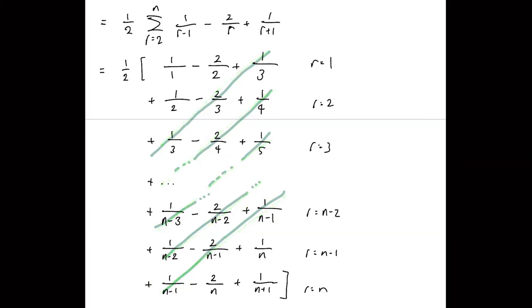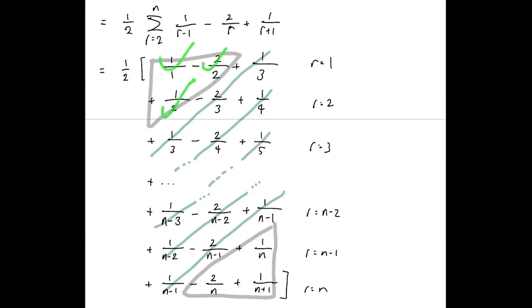Then what am I left with at the end of the day? I'm actually left with this part here and that part there. What you realize is that these 2 parts are no longer just single terms. There are 1, 2, 3 terms at the top, 1, 2, 3 terms at the bottom. So have to be careful in this kind of situation. This is still method of difference, but now with 3 terms.